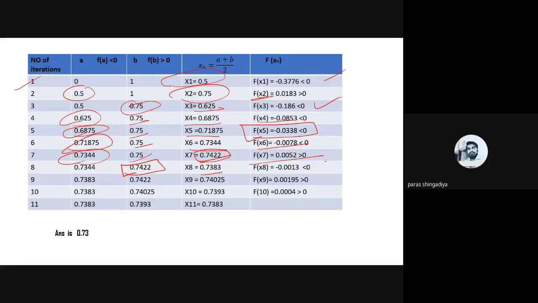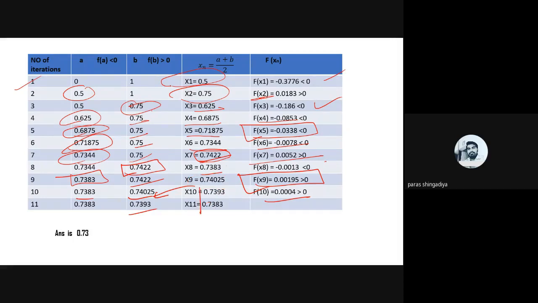And then 0.7383 will be replaced in place of 0.7344, and here 0.7422 as it is. Consider the average, f of x9 is positive, so 0.74025 will be replaced here. And again consider the average, there is 0.7393, and f of x10 is positive, again replace here and again consider the average. So now check these two nearest iterations.